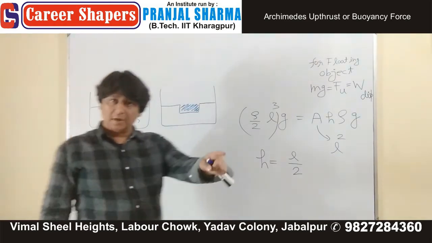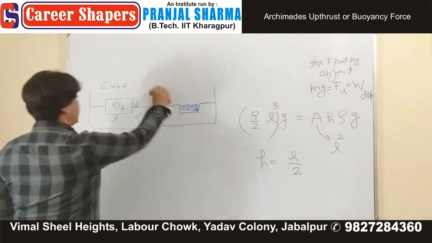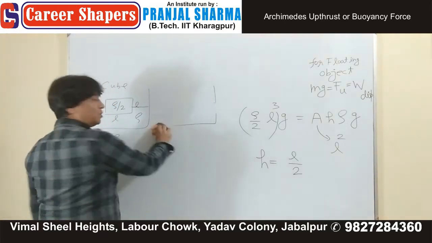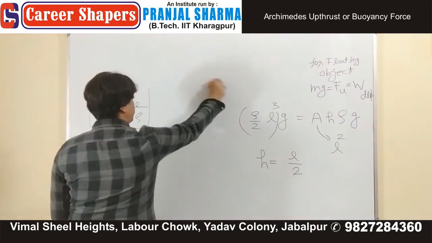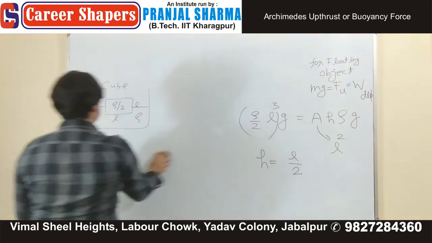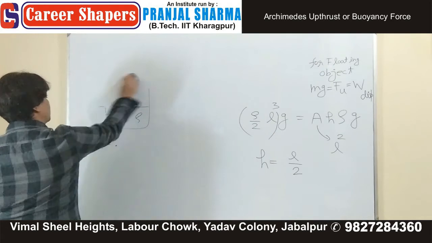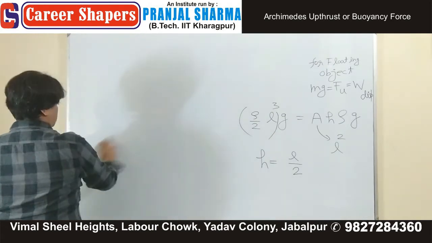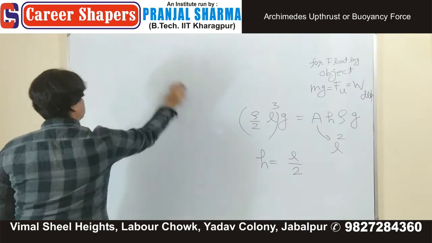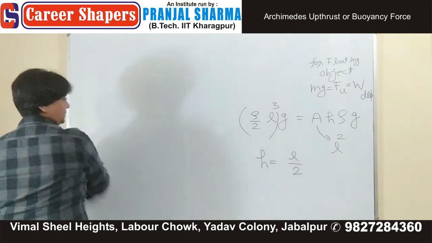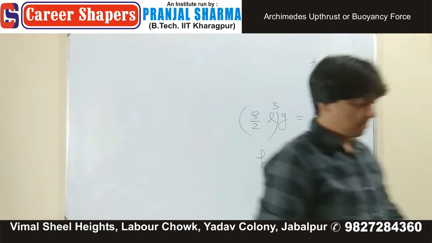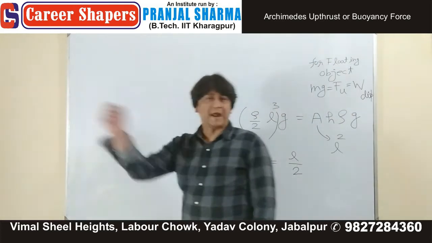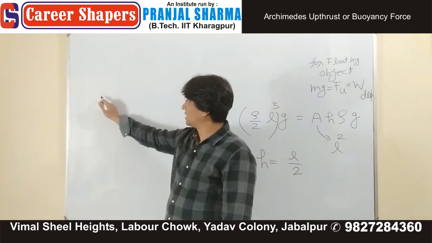Now, let me answer the second doubt, because things will be clear and it will be easier for you to understand the whole thing. Understanding the concept of upthrust will be easier for you. And we'll take a very easy example so that everything is clear.